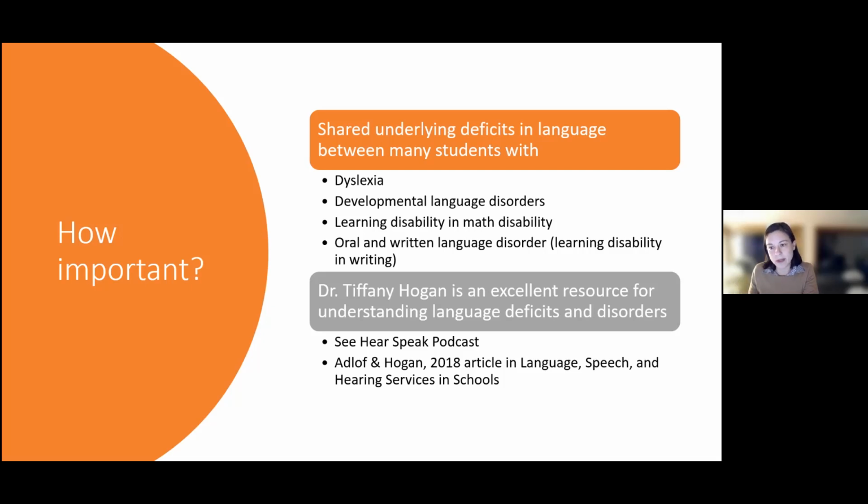There's high comorbidity with math learning disabilities, and of course, writing disabilities, which Berninger calls oral and written language disorder. So in a lot of my writing, I will refer to writing disabilities as oral and written language disorder.